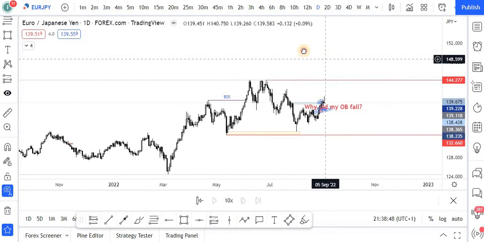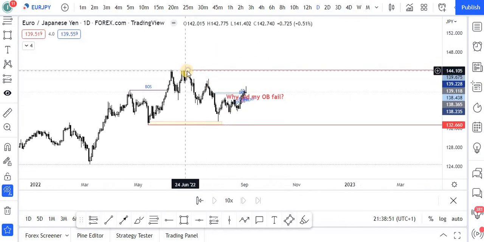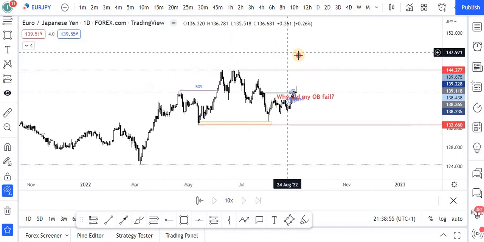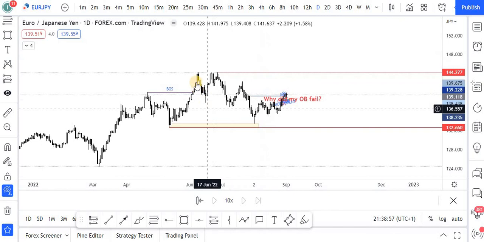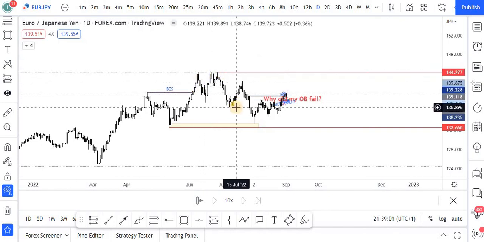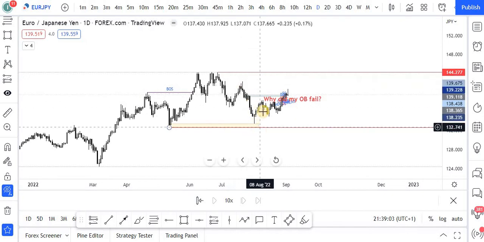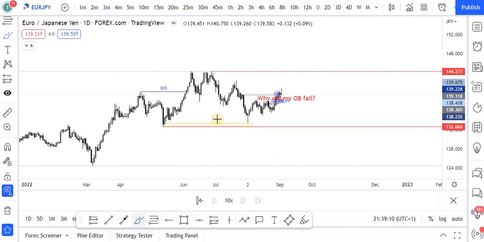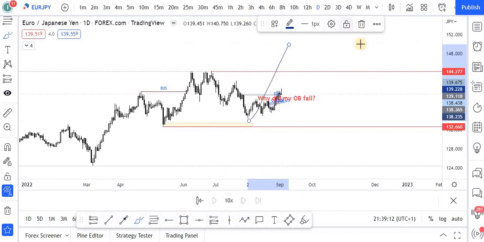Most likely we have this daily range, and price was trading in this range. We have this pullback, lower high, lower low, and there's a possibility that the market can actually continue upward from here.